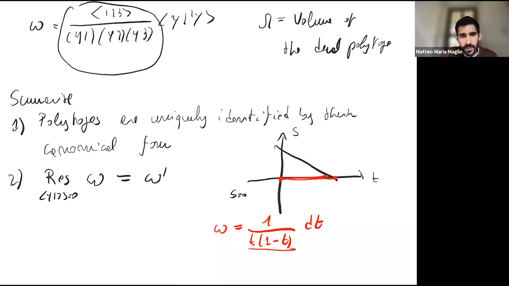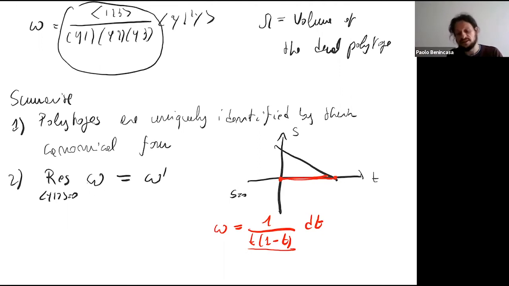So the procedure of considering the residue is just a projection of your polytope on some subspace. Well, if you like, a projection is just taking your polytope, taking a hyperplane of one dimension less, and making the intersection.